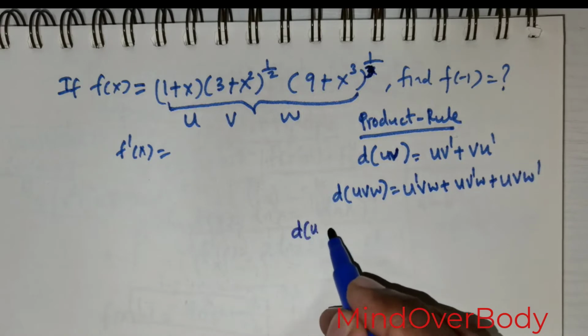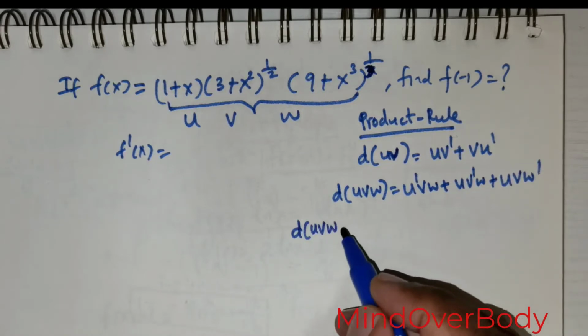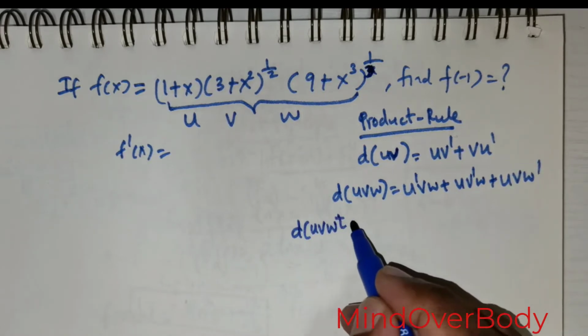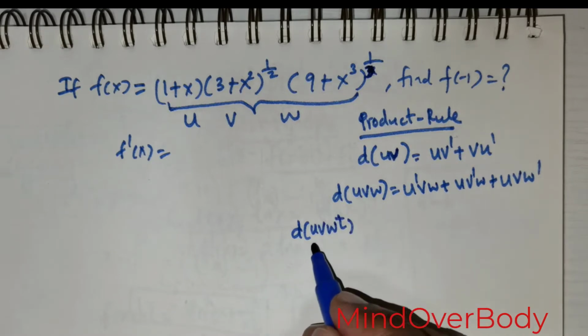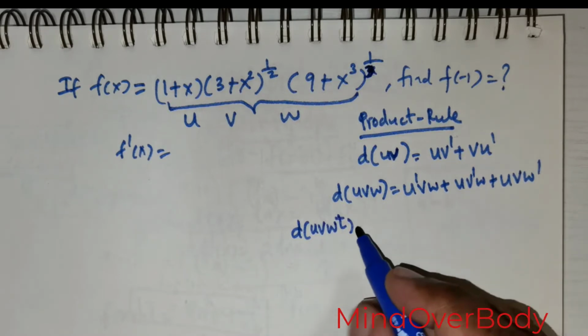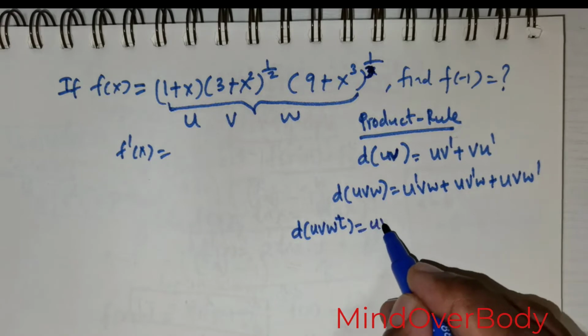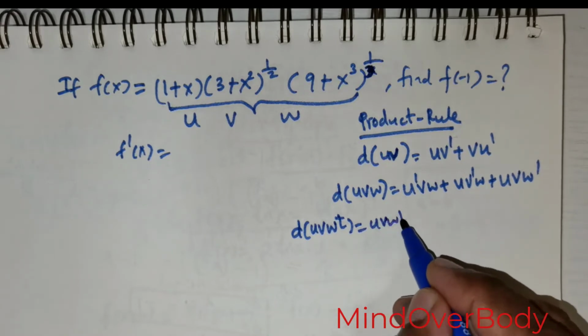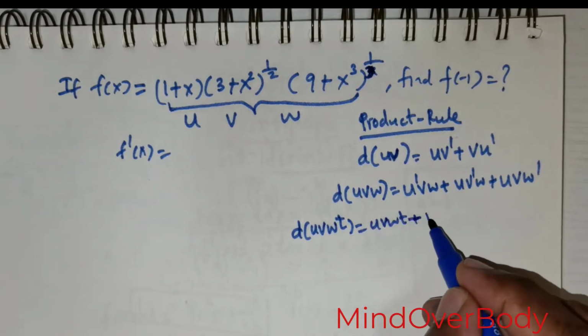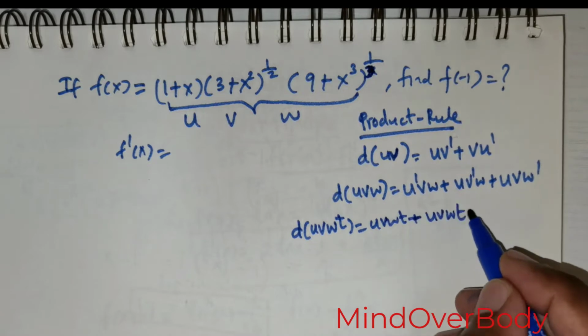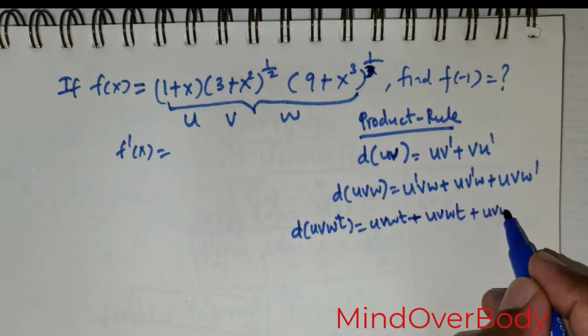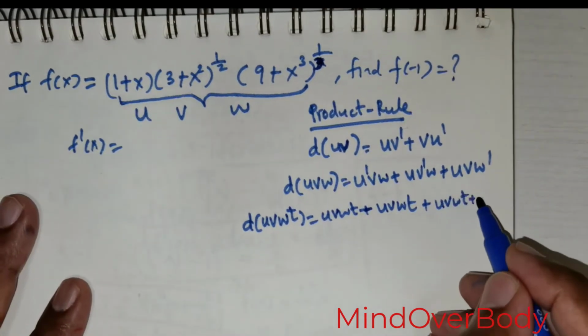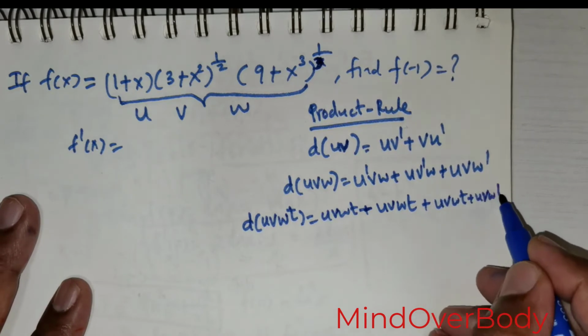Now if in case you are given u v w and some quantity t, so you got four terms u v w t. So in that case all you have to do is just write down these terms u v w t plus u v w t plus u v w t plus u v w t.